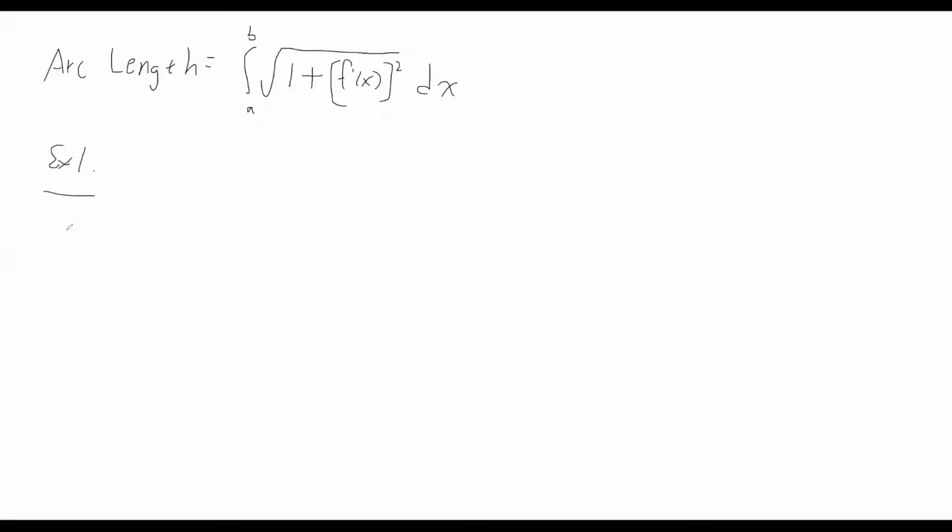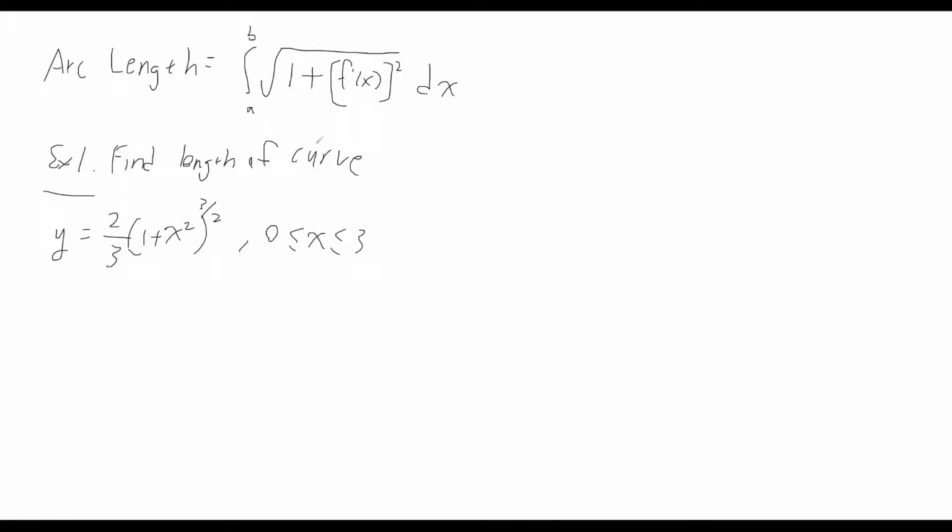Let's look at example 1. Find the length of the curve of the line y is equal to 2 over 3 times 1 plus x squared to the power of 3 over 2. And we want to find the distance for x between 0 and 3.